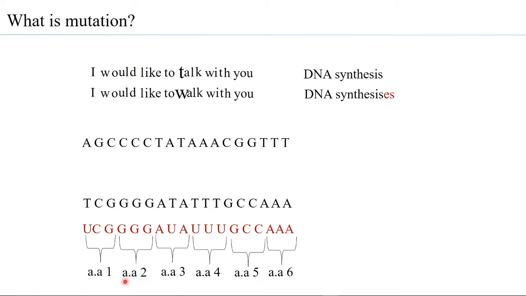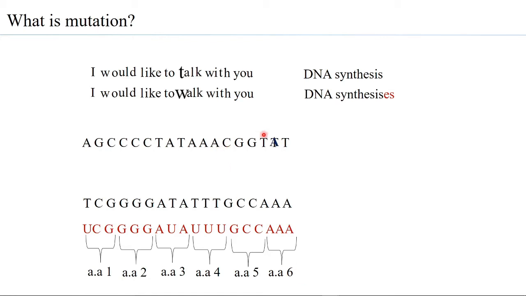This is amino acid 1, 2, 3, 4, 5, and 6. So this is a 6 amino acid long polypeptide which has been obtained from an RNA, and that RNA has been obtained from the DNA. So you can see a direct relation between the coding in the DNA and the sequence in the polypeptide.